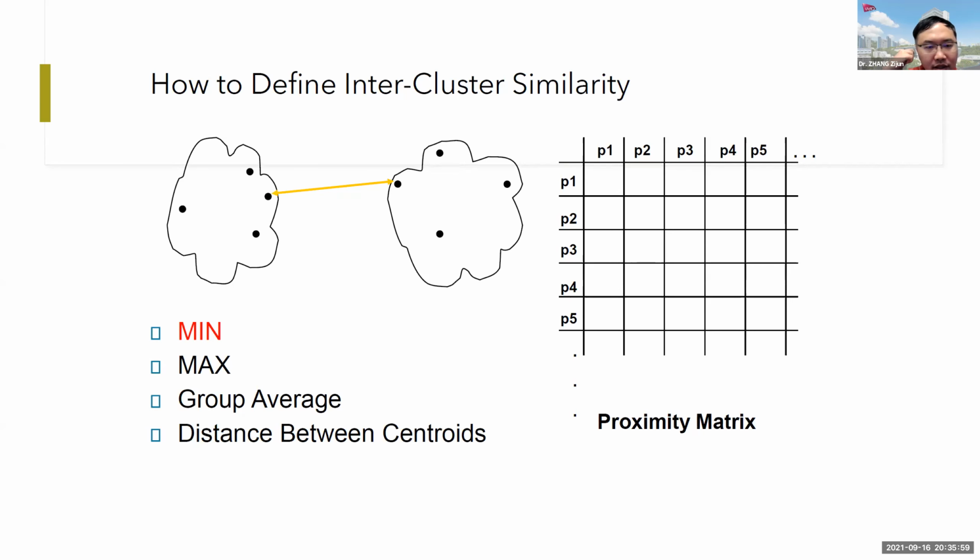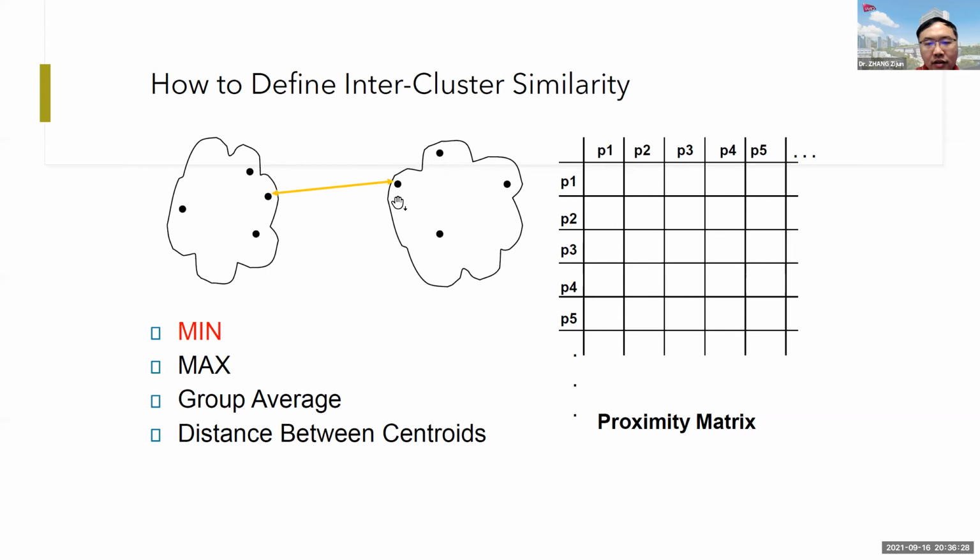The minimal distance means we pick out 1 data point from each of the clusters, then we compute their distance, and we find the minimal distance among them. Basically it indicates the closest distance between 2 data points in 2 clusters.